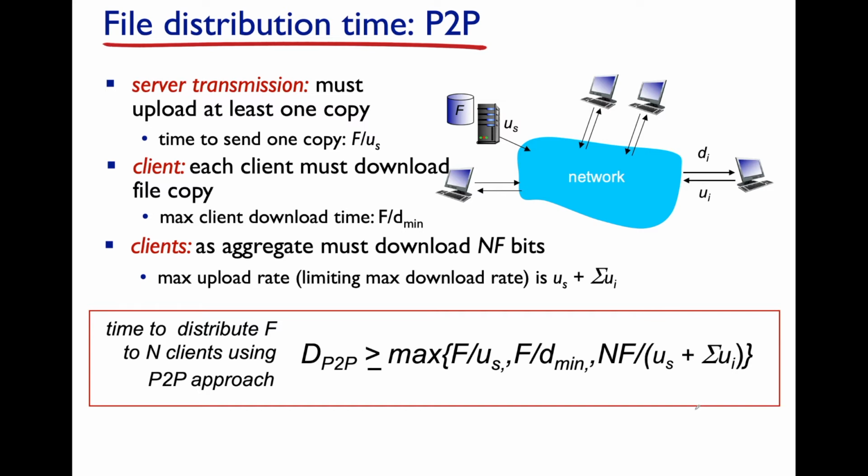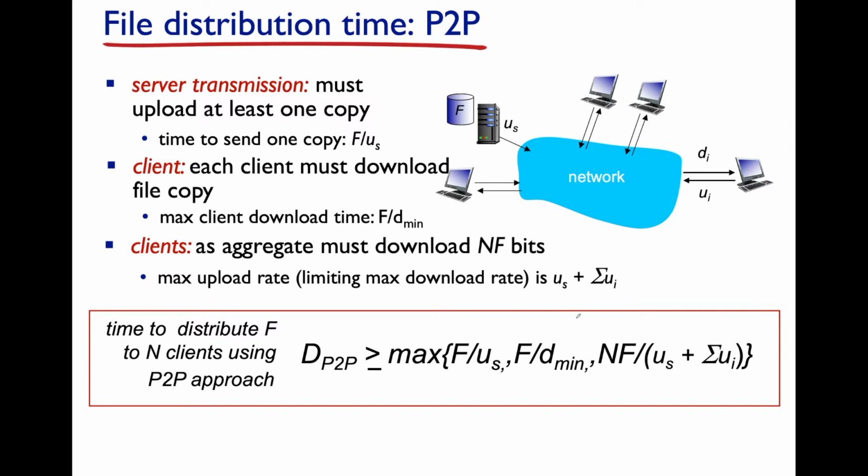And so the maximum upload rate for this peer-to-peer network is going to consist of the upload of the server plus the sum of all of the upload rates for all of the clients in the network. The clients as an aggregate have to download nF bits, but the maximum upload rate is going to increase with the number of clients. That max upload rate is going to be U_S, the upload rate of the server, plus the sum of the upload rates for each of the clients.